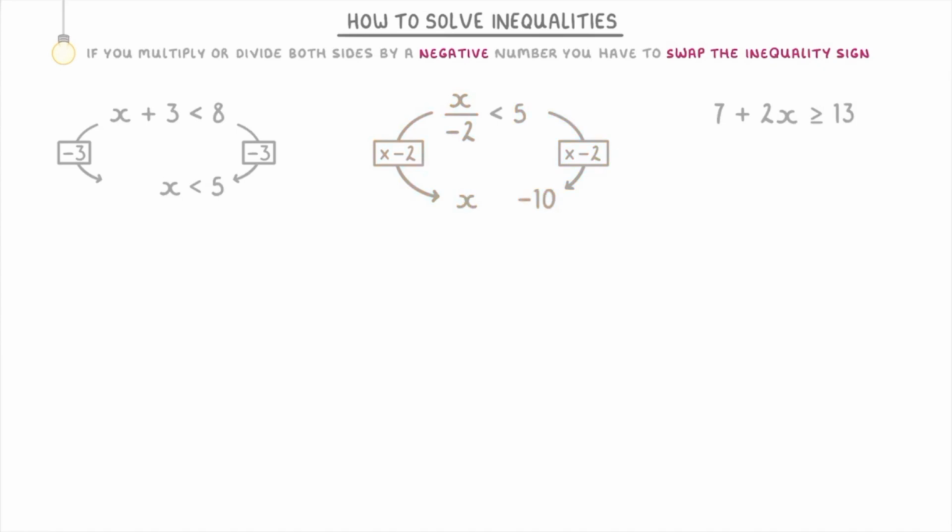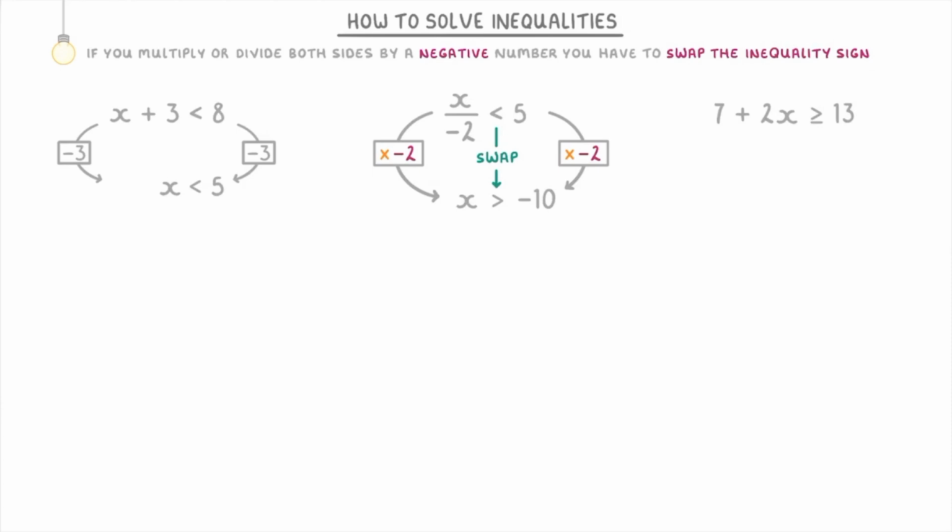But importantly, because we multiplied by a negative number, we're going to have to swap our inequality sign around so that it changes from a less than to a more than sign, which leaves us with x is more than -10.